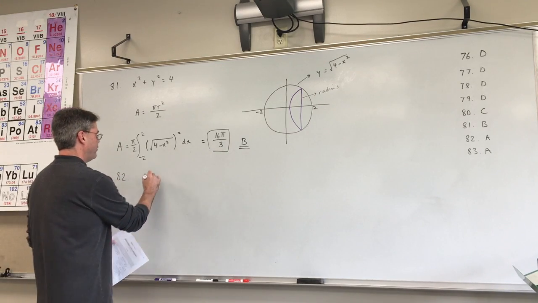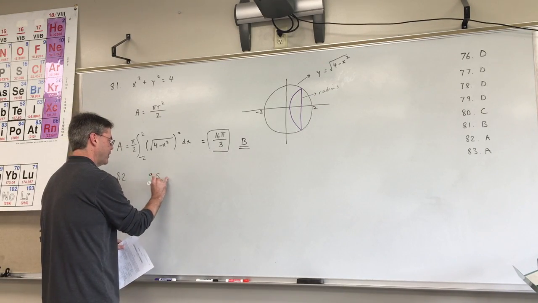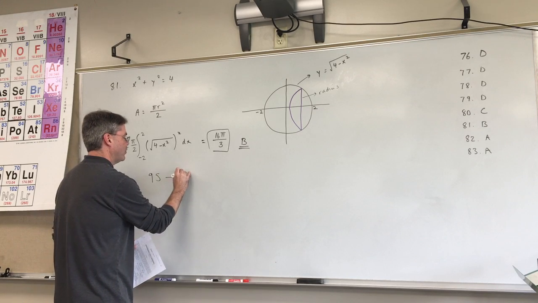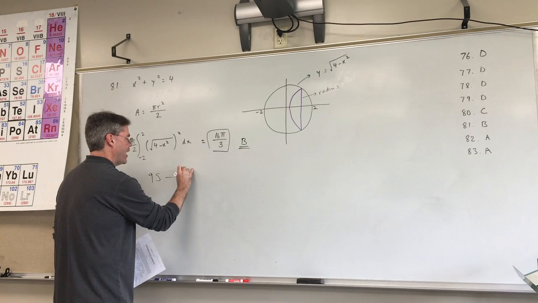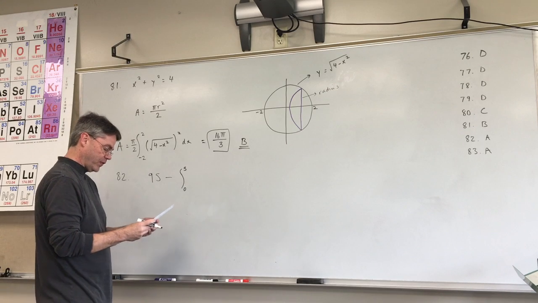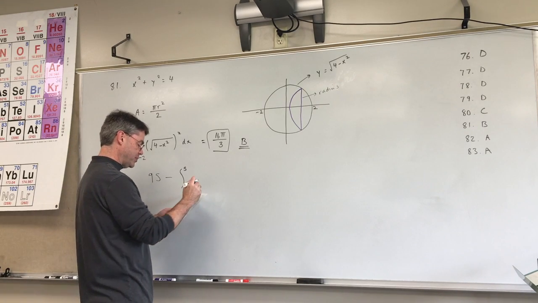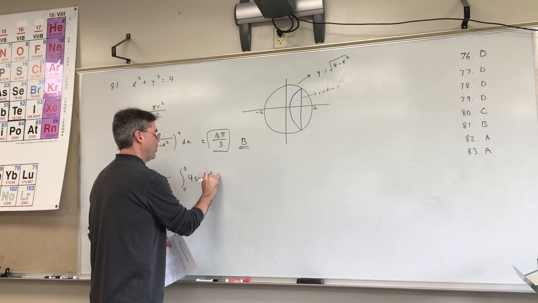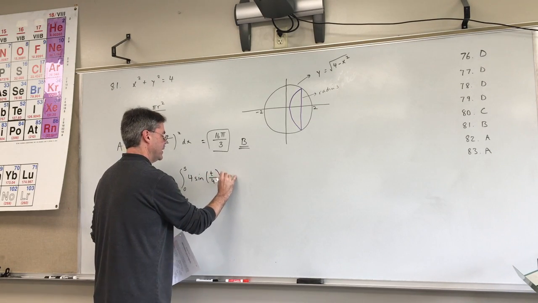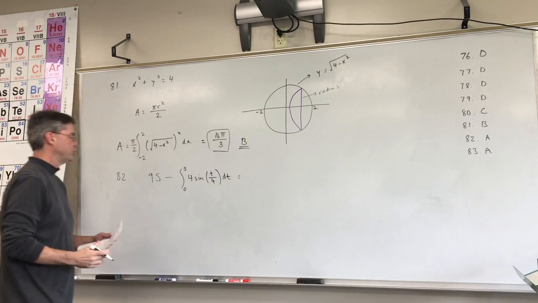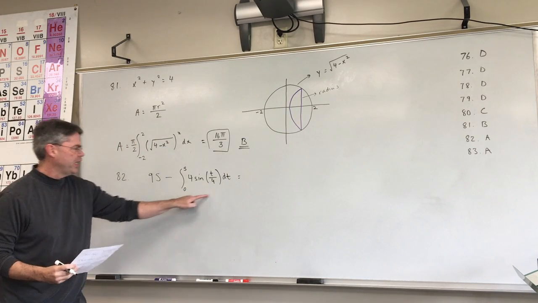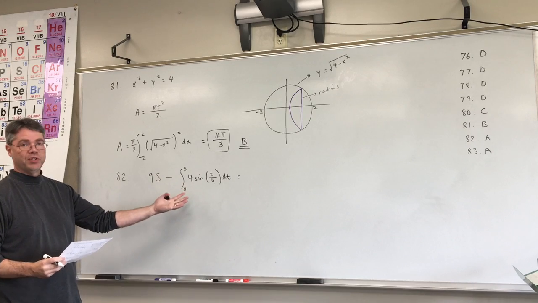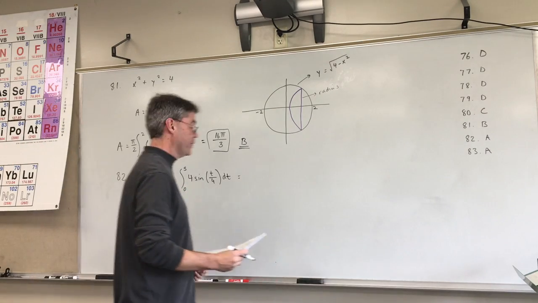So the coffee started at 95. We're going to subtract the integral from 0 to 5 minutes of 4 times the sine of t over 4 dt. So start at 95. This integral sums up all the loss of temperature over that period.